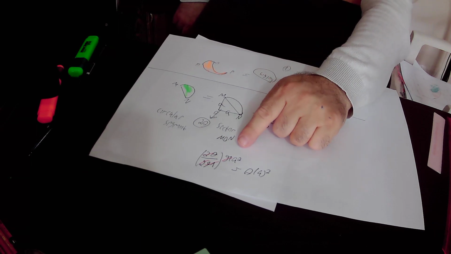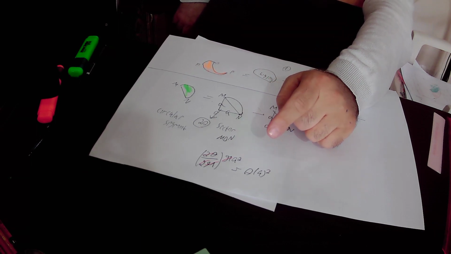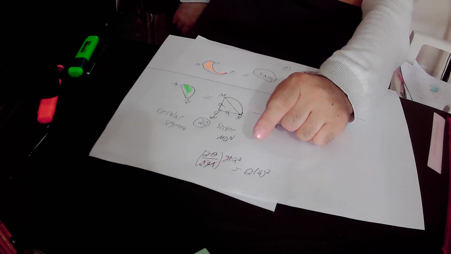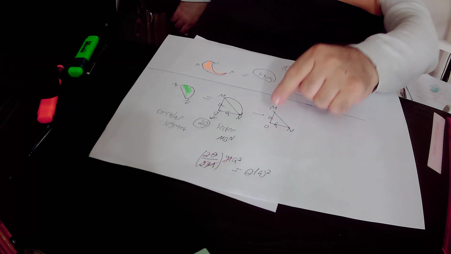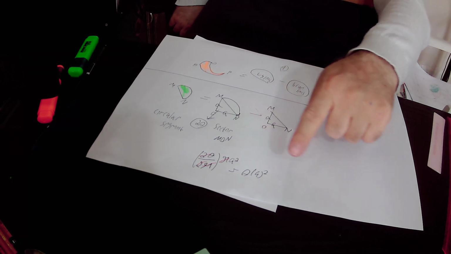We have pi in the numerator and pi in the denominator, so pi will get cancelled. We have 2 in the numerator and 2 in the denominator, so 2 also will get cancelled. So in conclusion, we found out that the area of sector MON equals theta times a squared.